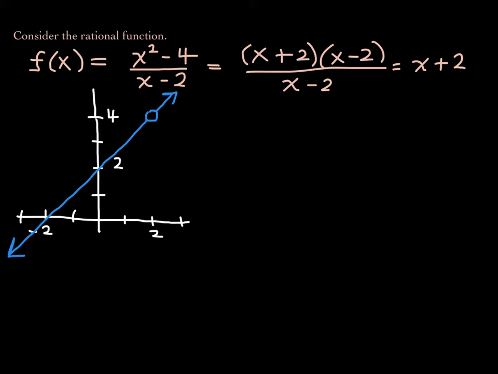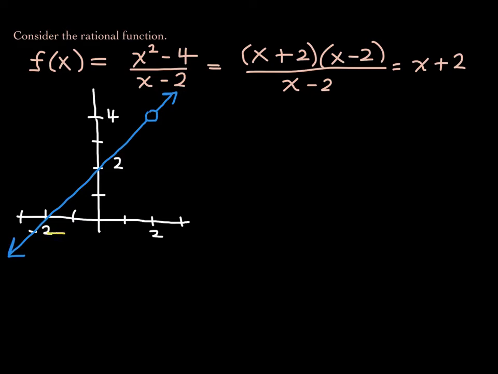Now, what I want to explain next is the idea of a limit. If I consider what f of x is equal to as x values approach x equal to 2, that's considering what the limit is. As x values get closer and closer to 2, my function values are getting closer and closer to 4. And I can show you this way.